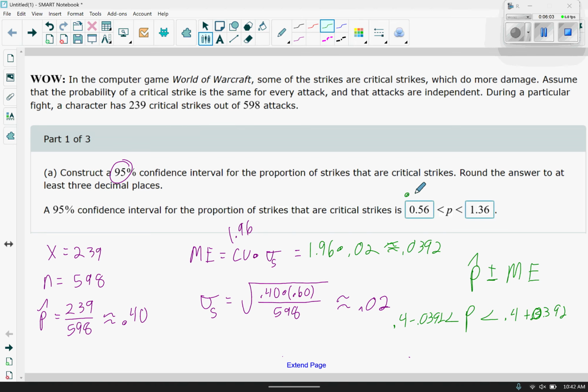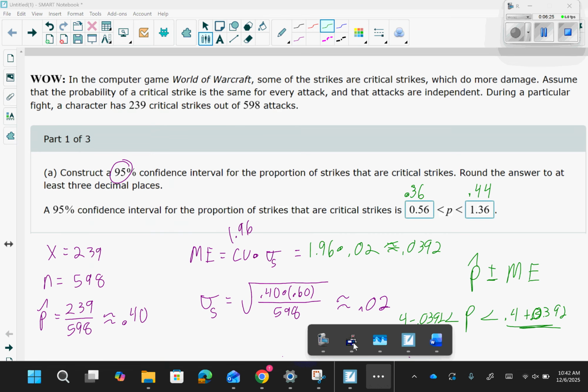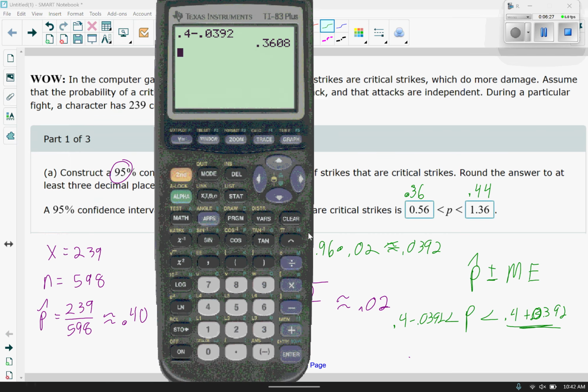So I'm going to just do 0.36, and then basically it's 0.04. So then I'm going to add that to it on the other side right here, and so that would give me 0.44. Okay, so let's run this through the calculator real quick just to see if everything looks good.